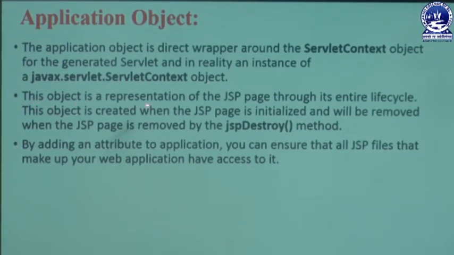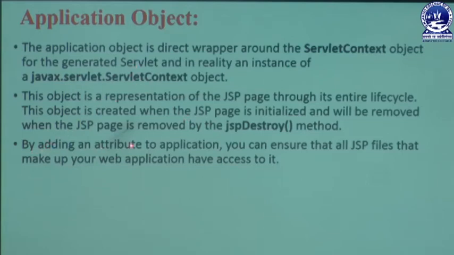Then this object is a representation of the JSP page through its entire life cycle. It is created when the JSP page is initialized and it will be removed when the JSP page is removed by that jspDestroy method, and whenever this jspDestroy method is invoked, its content will automatically be removed from that file.